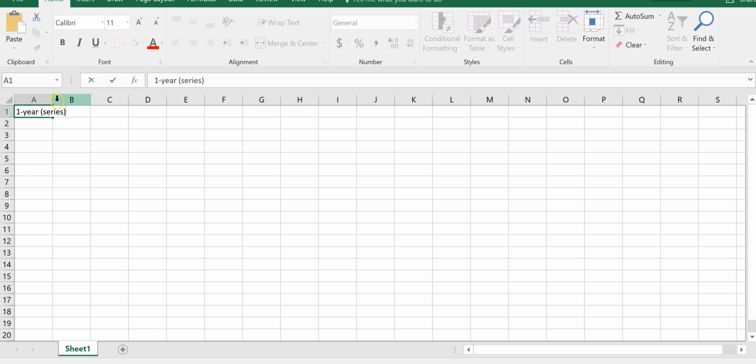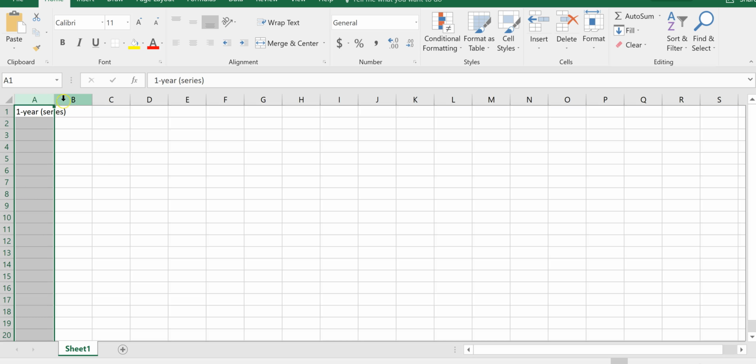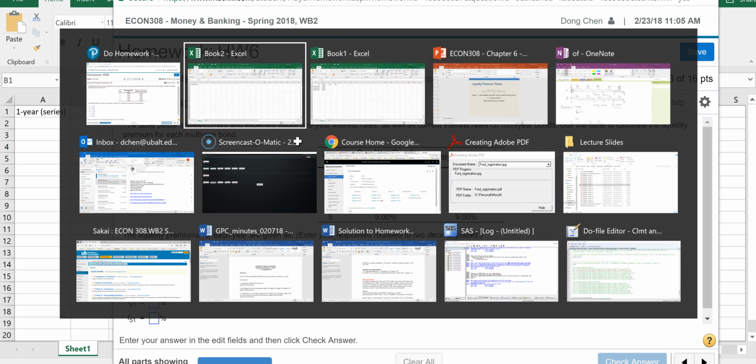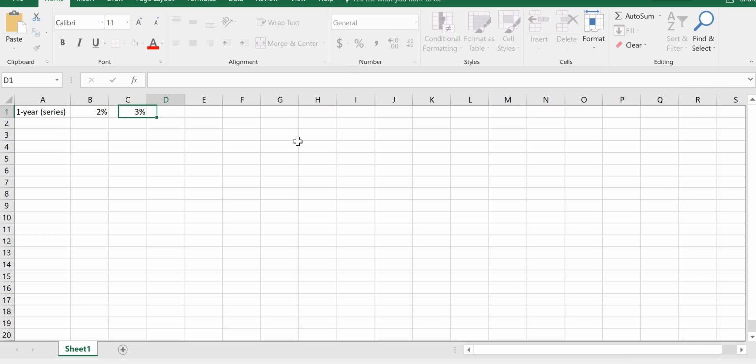A series of 1-year bonds, and their interest rates: 2%, 3%, 4%, 7%, and 9%.